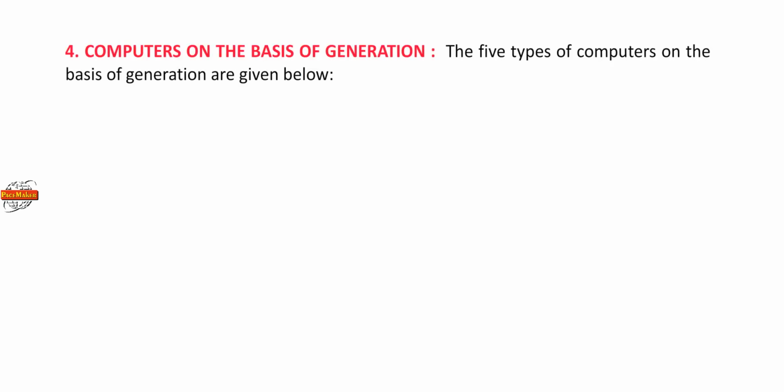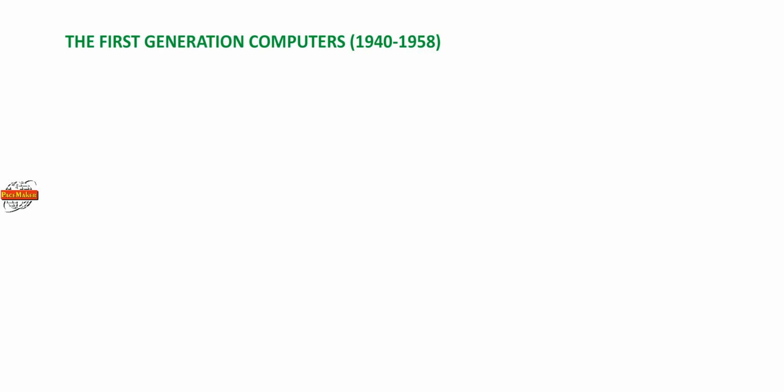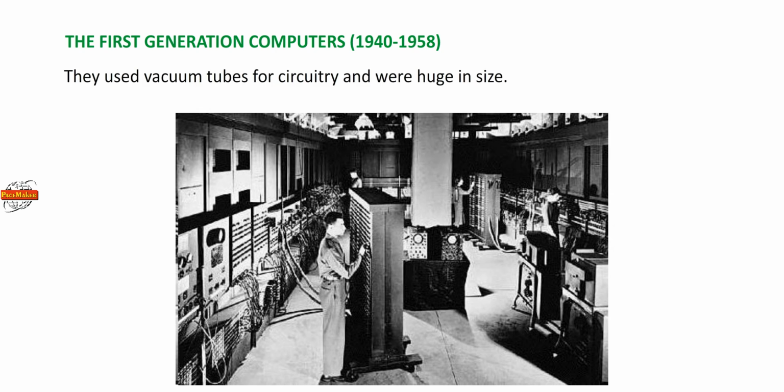Fourth, computers on the basis of generation. The 5 types of computers on the basis of generation are given below. The first generation computers, 1940 to 1958. They used vacuum tubes for circuitry and were huge in size.